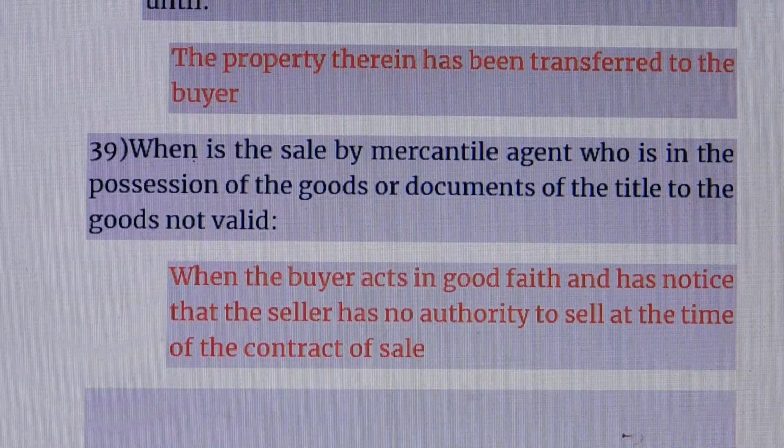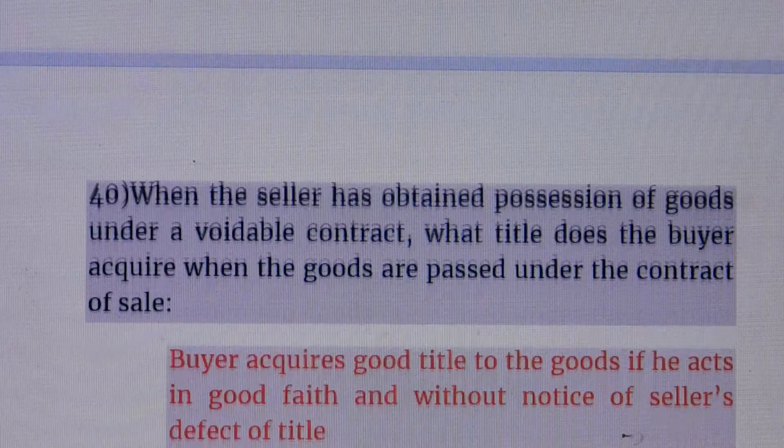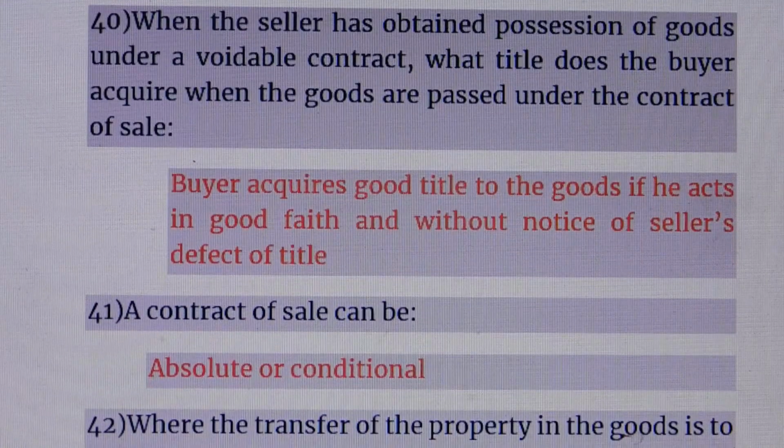Question number 39. When is the sale by mercantile agent who is in the possession of the goods or documents of the title to the goods not valid? Answer is when the buyer acts in good faith and has noticed that the seller has no authority to sell at the time of the contract of sale. Question number 40.